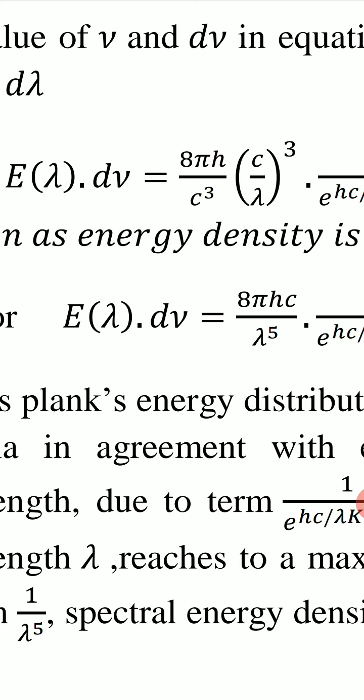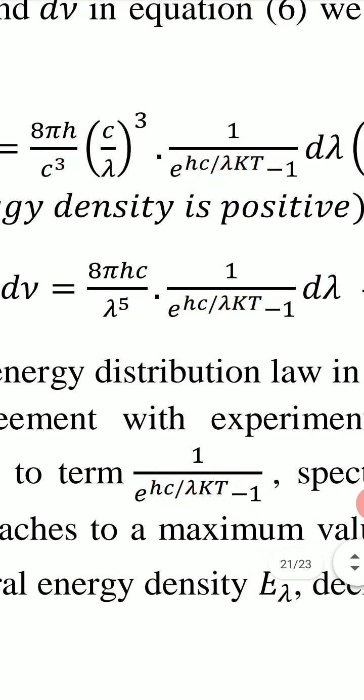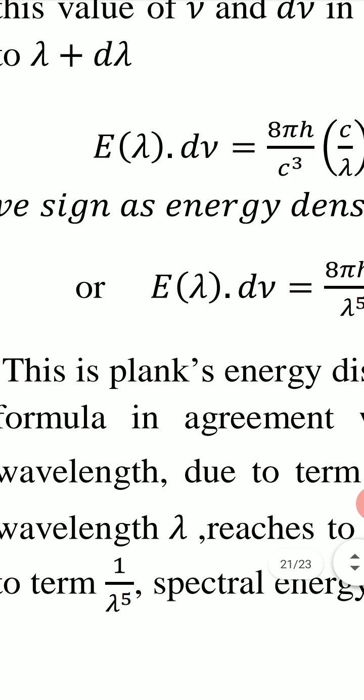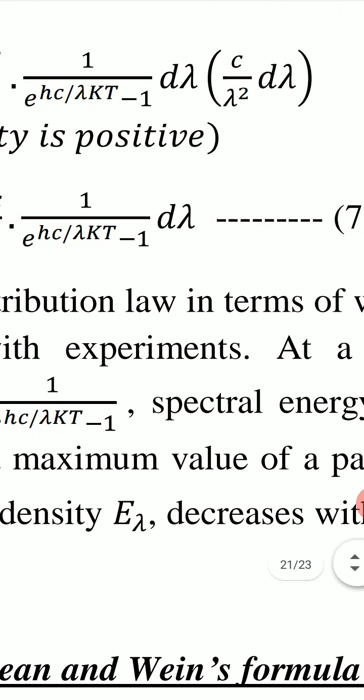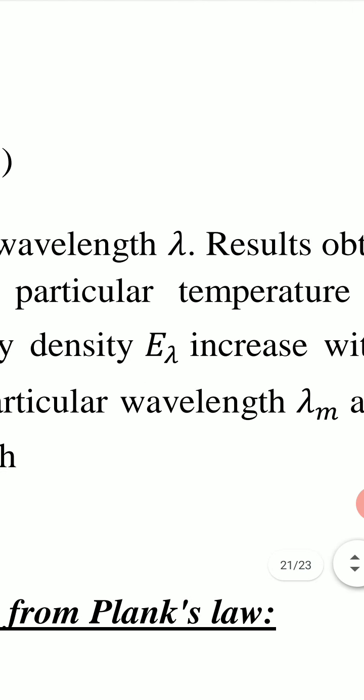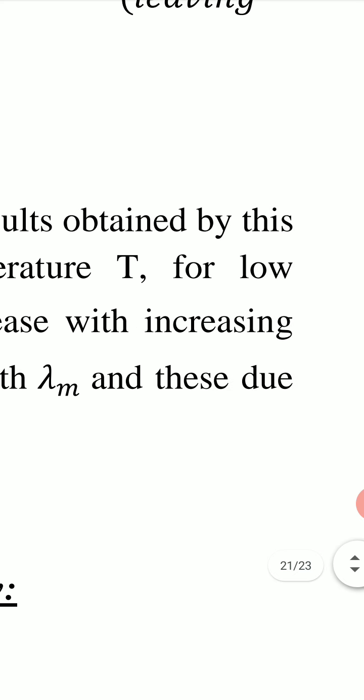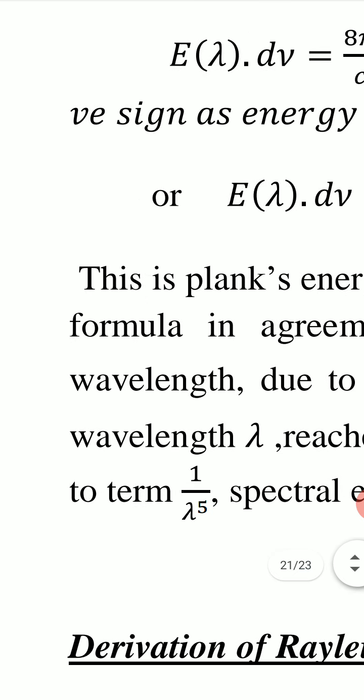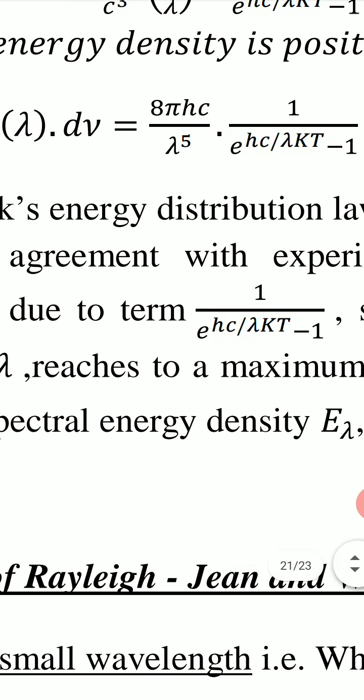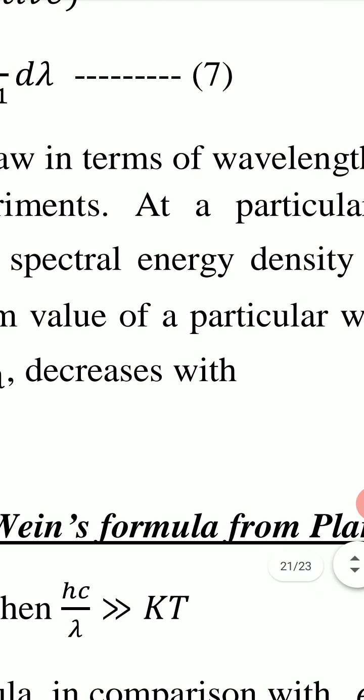Then E lambda d lambda will be equal to 8 pi hc upon lambda to the power 5 into 1 upon e to the power hc upon lambda kT minus 1 into d lambda. This is Planck's energy distribution law in terms of wavelength lambda. Results obtained by this formula are in agreement with experiments.